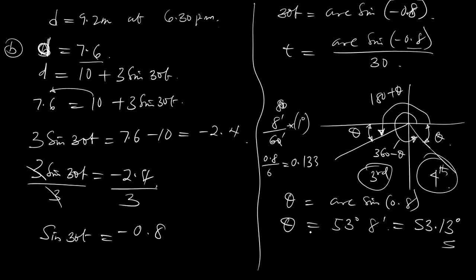So it's 53.13 degrees. Since sine is negative in the third and fourth quadrants, the first angle will be 180 plus theta, which is 180 plus 53.13.